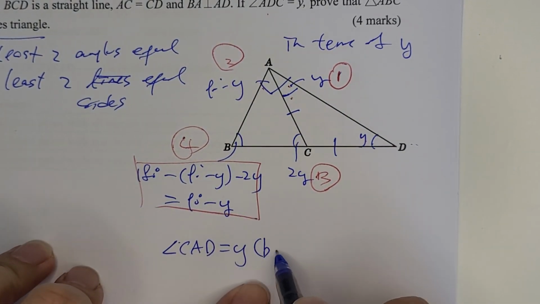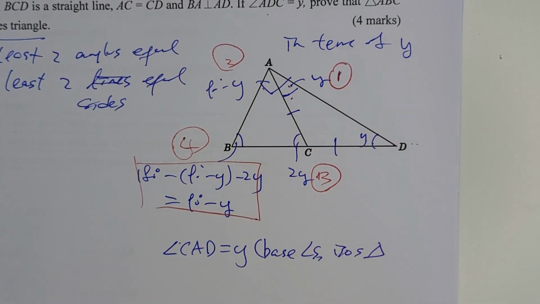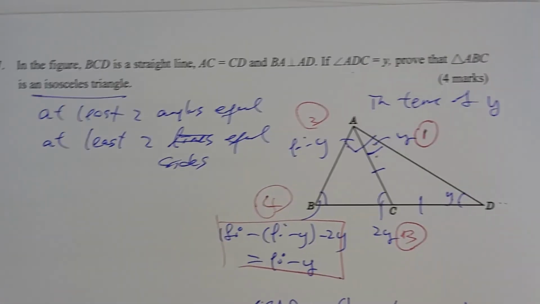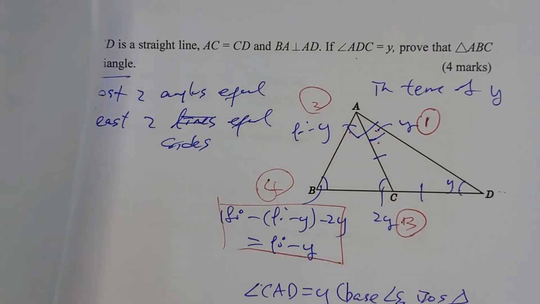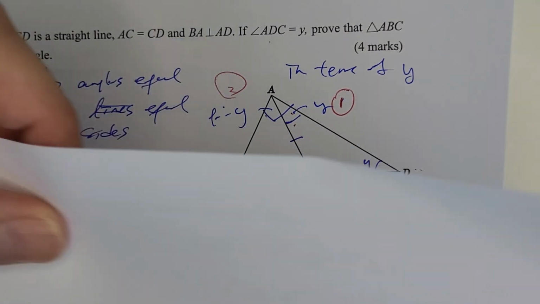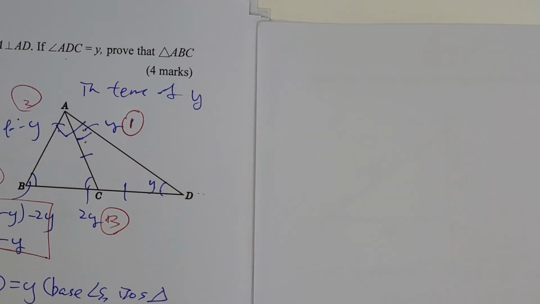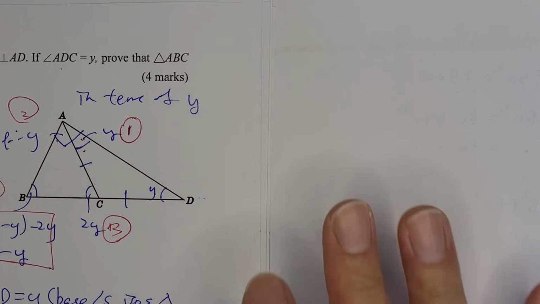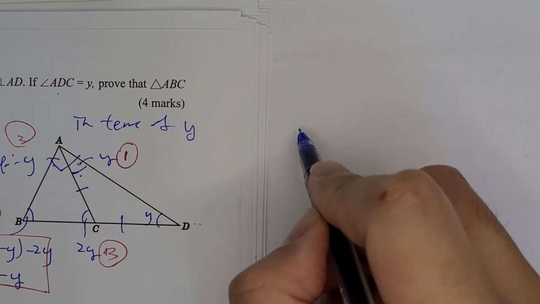Reason: base angles, isosceles triangle. Okay? Or I should write it down on another paper so that you can compare the numbers. Let me look at the way to present it more clearly. Okay, I write it in here. Step 1.